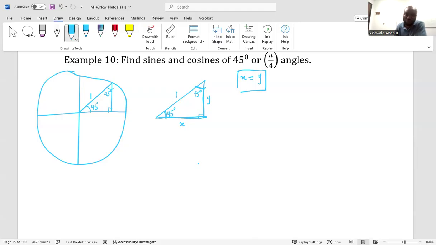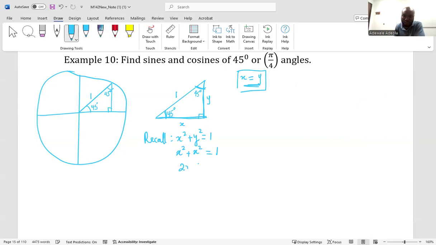Let us see how that is going to help us find the cosine and sine of 45 degrees. We recall that x squared plus y squared equals 1. And since x equals y, I can replace this y using x.